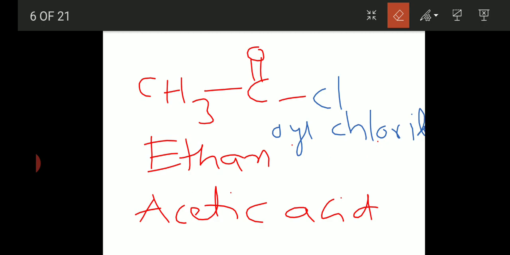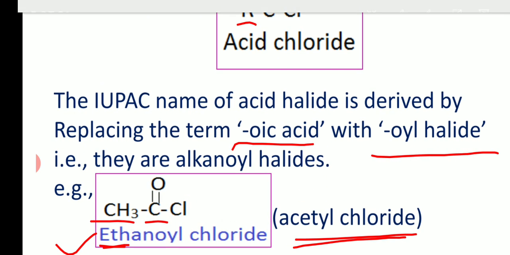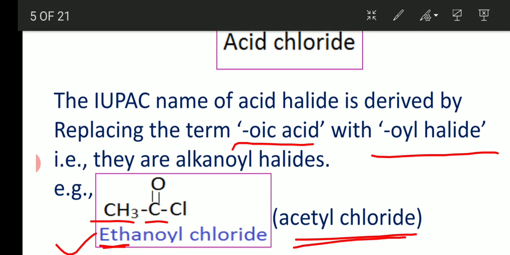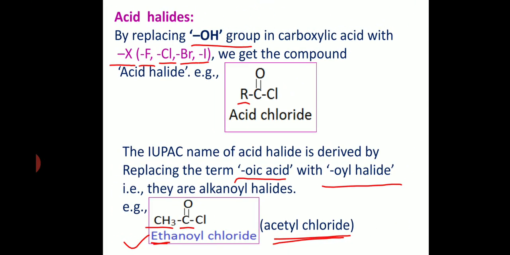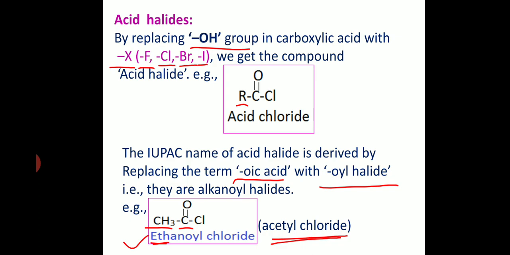Ethanoyl chloride. And there is no rule for the common name: acetyl chloride. CH3COCl, ethanoyl chloride, common name acetyl chloride. Thus, acid halides are one more derivative of carboxylic acids.